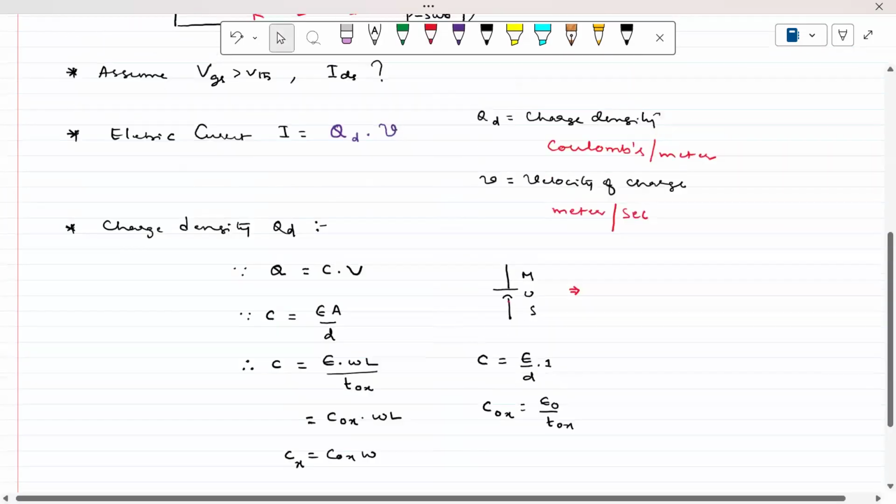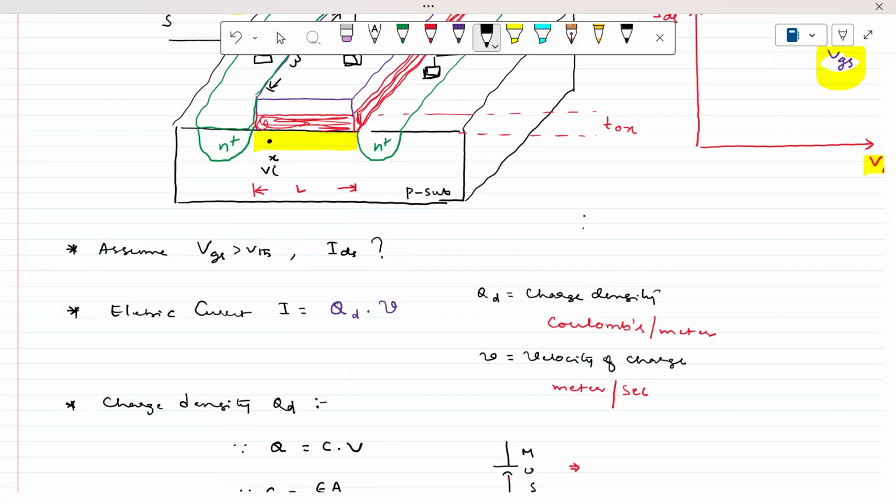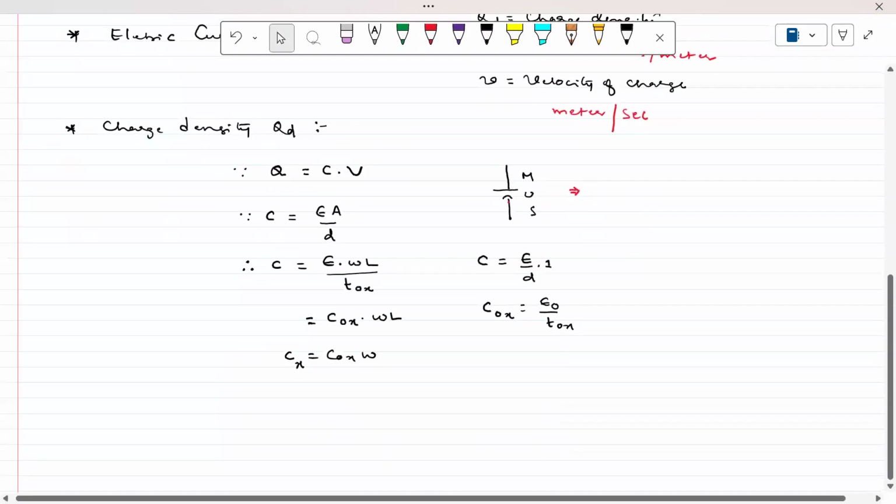So the voltage at this point X, let me call it V of X. This voltage is actually within the channel. How is this channel formed? Because of the gate to source potential, which is higher than the threshold voltage.